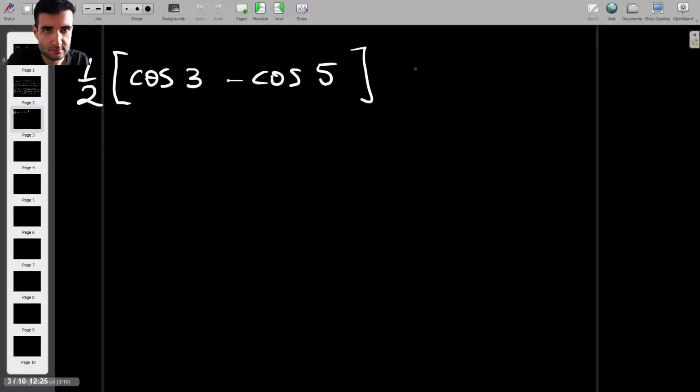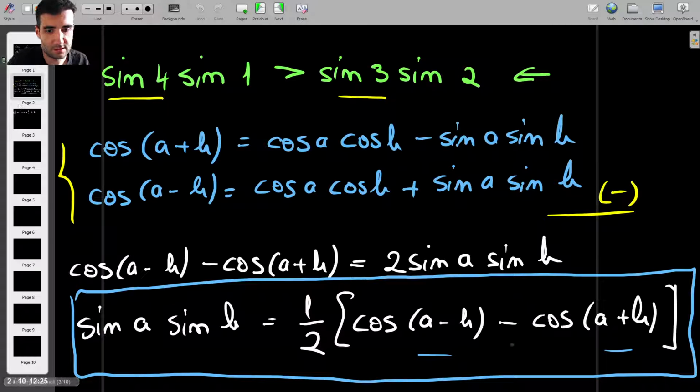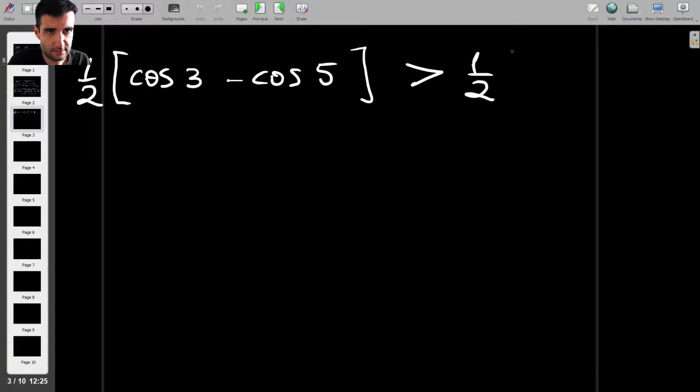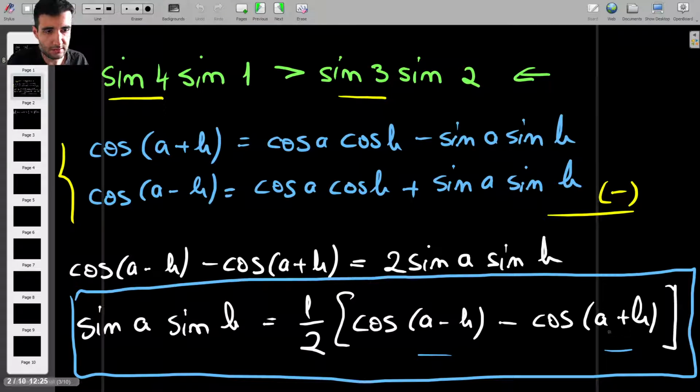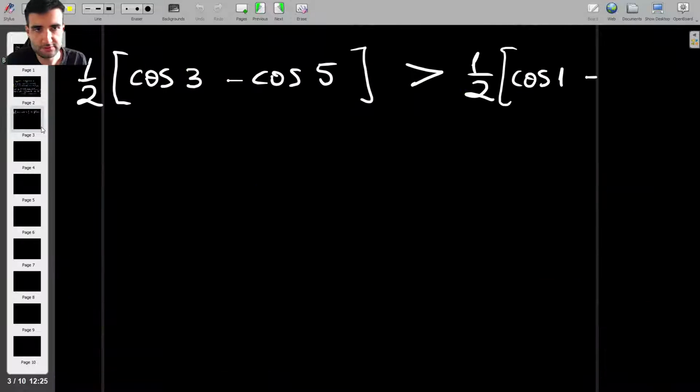And we're trying to figure out if this is greater than the same thing on the right-hand side: 1/2, and then cosine of 1 minus cosine of 3 plus 2, which is 5. So cosine of 5, like this.